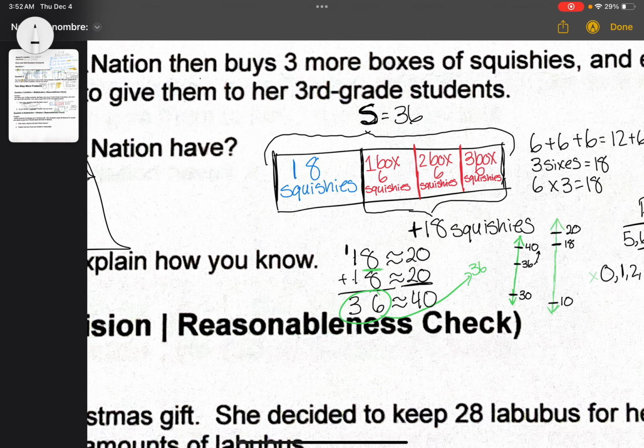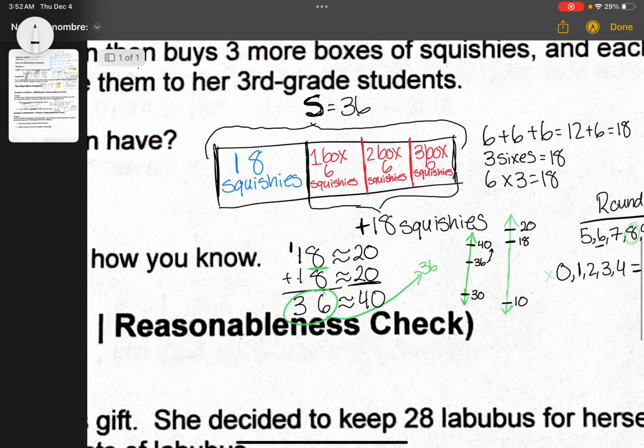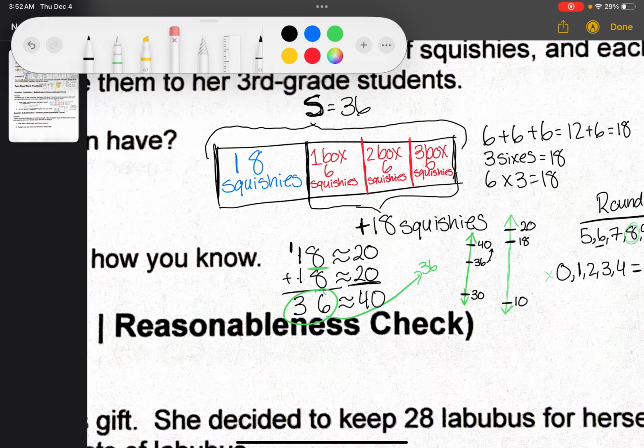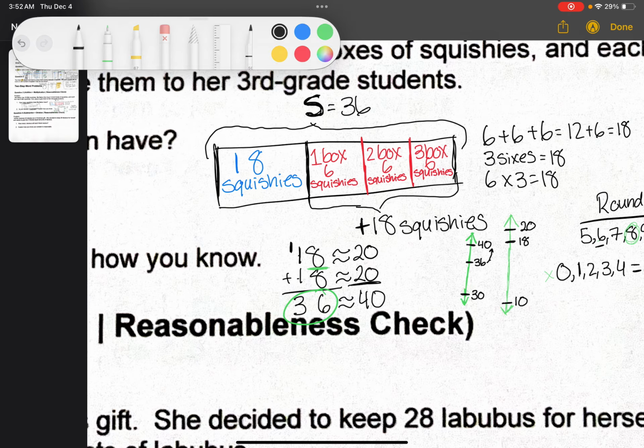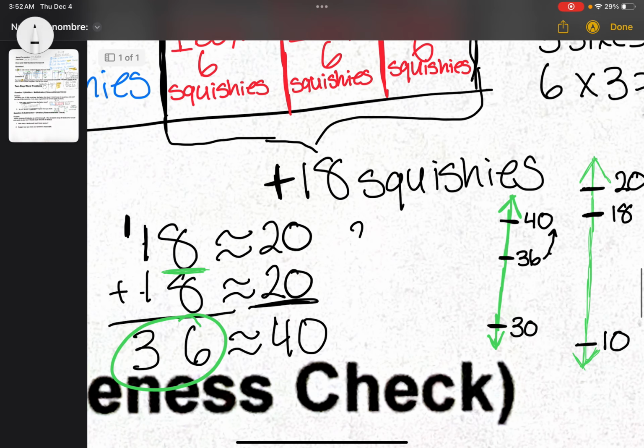Now, let's check. Let me erase something real quick. Now, let's see. 20 plus 20. Do not freak out. Don't be alarmed, because you know what 2 plus 2 is. It's 4. So 20 plus 20 is going to be 40, girls and boys. It's going to be 40.